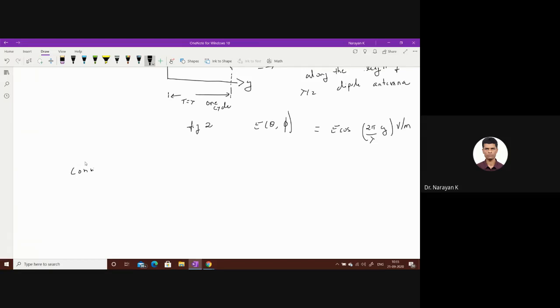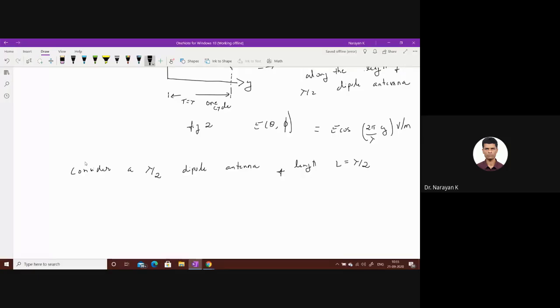Consider a lambda by 2 dipole. Remember, whenever we call it a lambda by 2 dipole antenna, the length of the antenna will be equal to lambda by 2. That is the meaning of lambda by 2 dipole antenna.